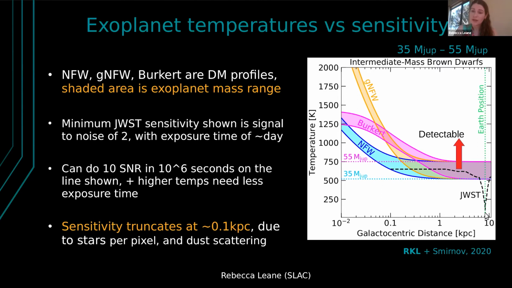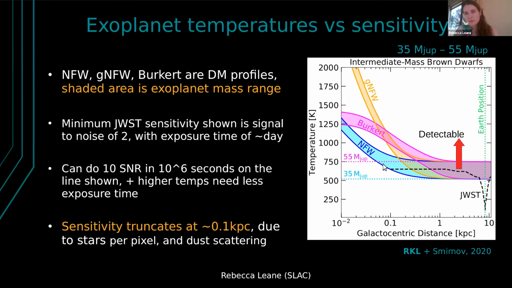We're sitting all the way out here, so if you go more to the left, you're going more towards the center. The y-axis is the temperature of the exoplanets that we expect. This dashed line is our James Webb sensitivity. We're claiming that you can see anything above this dashed line, so it will successfully be able to detect any exoplanet reasonably above these lines here.